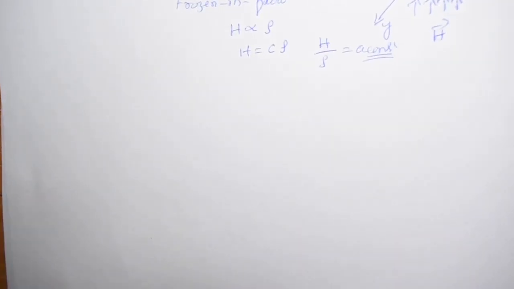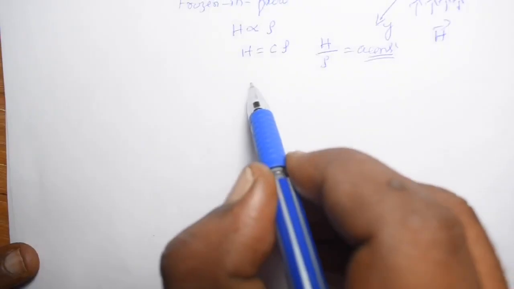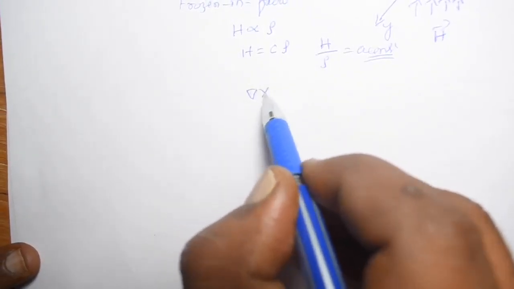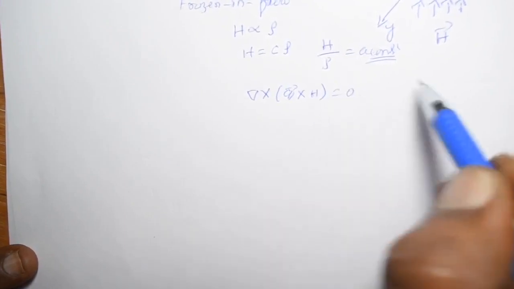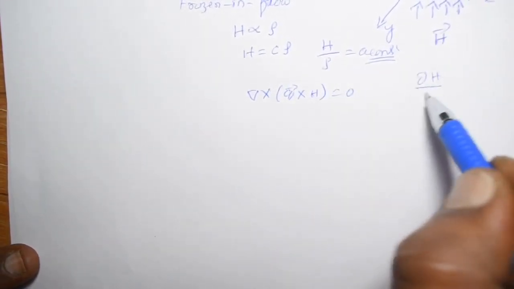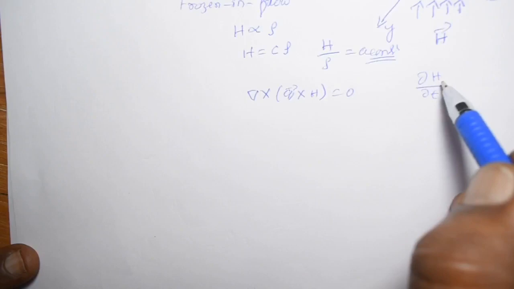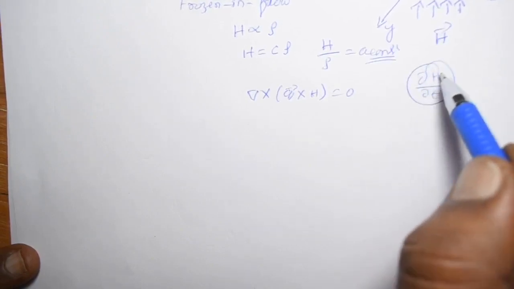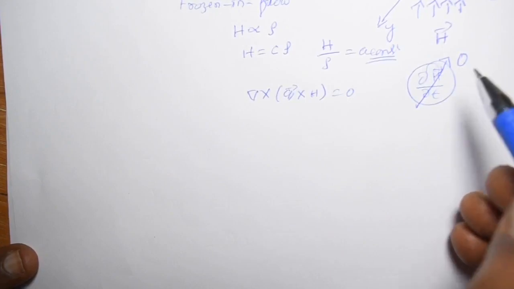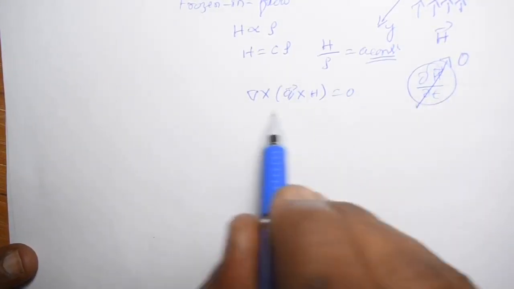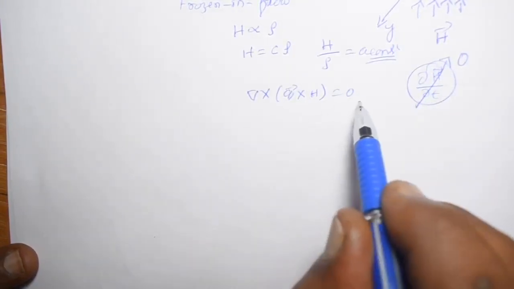So in a perfectly conducting fluid, the flow is steady. For that, the magnetic induction equation is given by del cross Q cross H is equal to 0. Otherwise there will be del H by del t. If it is not steady, then you will get this term. But they have given that the flow is steady, so the magnetic induction equation simply becomes like this.